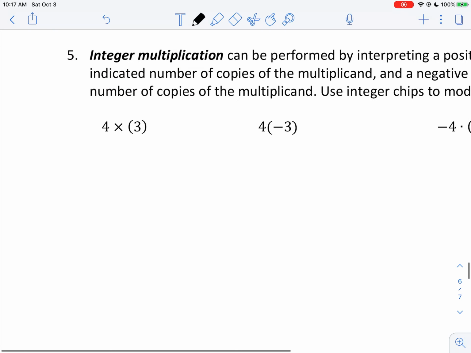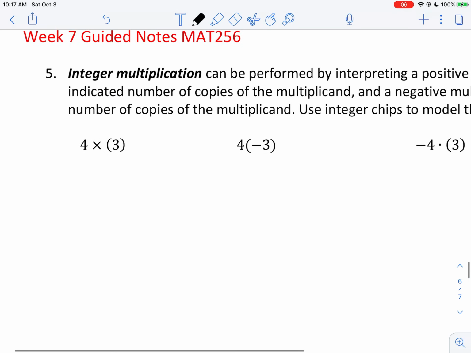Okay, so when you see a positive 4 times 3, notice I'm only putting the number after the operation in parentheses. I'm not bothering anymore putting the leading number in parentheses, just the one that follows. That's especially useful in a case like 4 times negative 3.